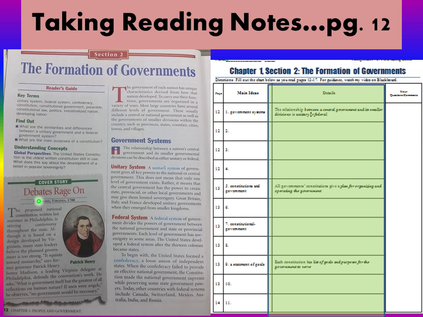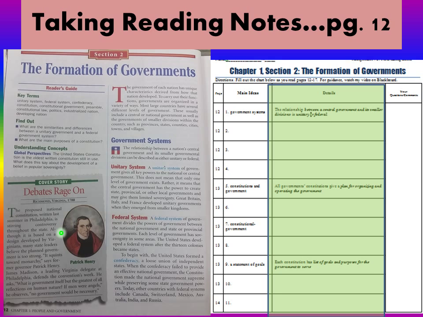Debates rage on. Richmond, Virginia, 1788. So before you even go on, 1788, I can already tell you that they were working on the Constitution at that point. This is after the American Revolution, and America was trying to figure out what to do next, now that they had their own country. The proposed national constitution, written last summer in Philadelphia, is stirring controversy throughout the state.